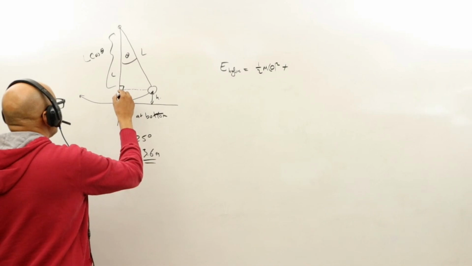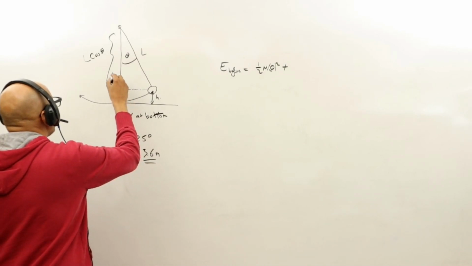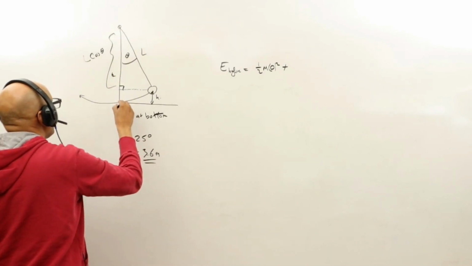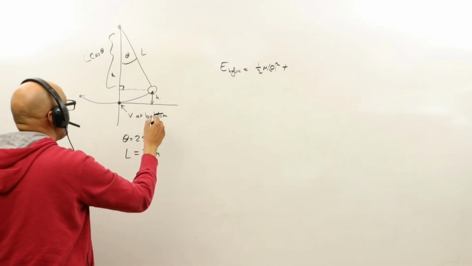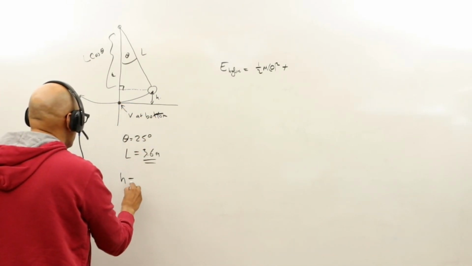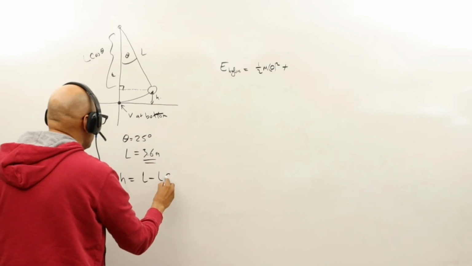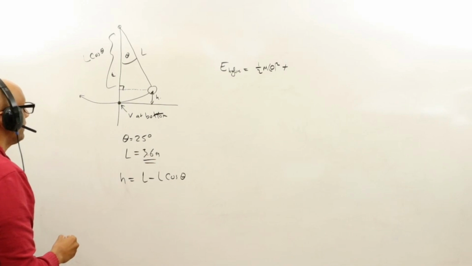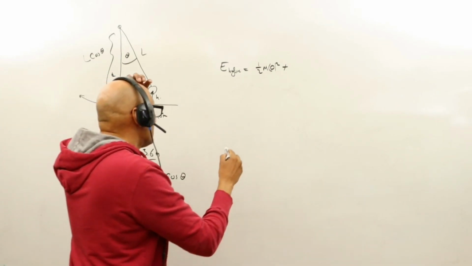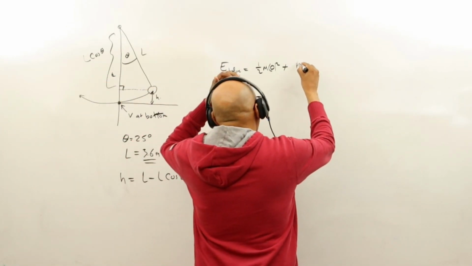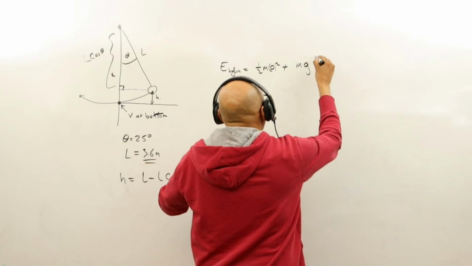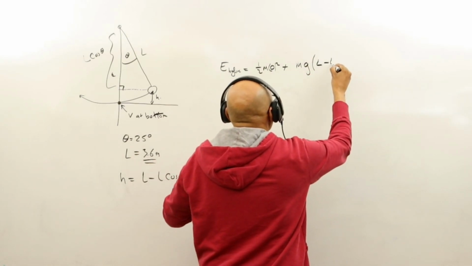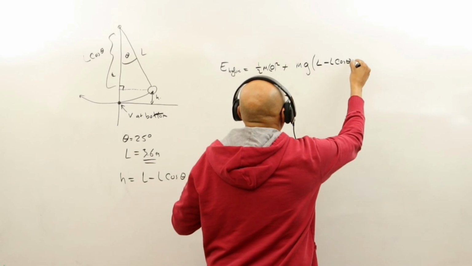And the total length from here to here is L. So the height will be L minus L cosine of theta. So our potential energy is going to be mg times L minus L cosine of theta.